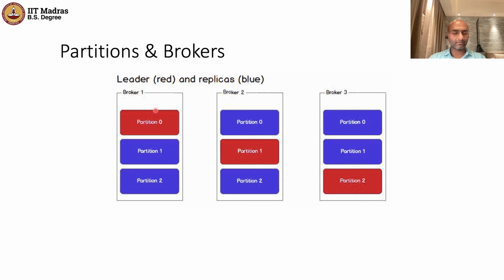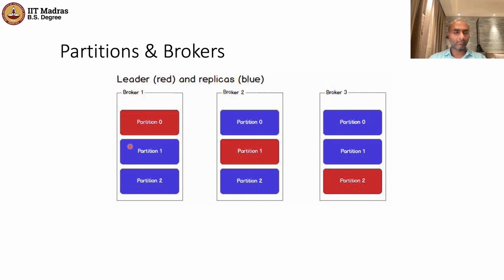The advantage of that is, in case broker 1 fails for some reason, because of commodity hardware, like I said, because of memory failures, compute failures, whatever, there is a replica available in at least these two brokers. By having two replicas here, at any point in time, the cluster will withstand the failure of two machines. You can scale it up to even a 100 machine cluster with 100 brokers.